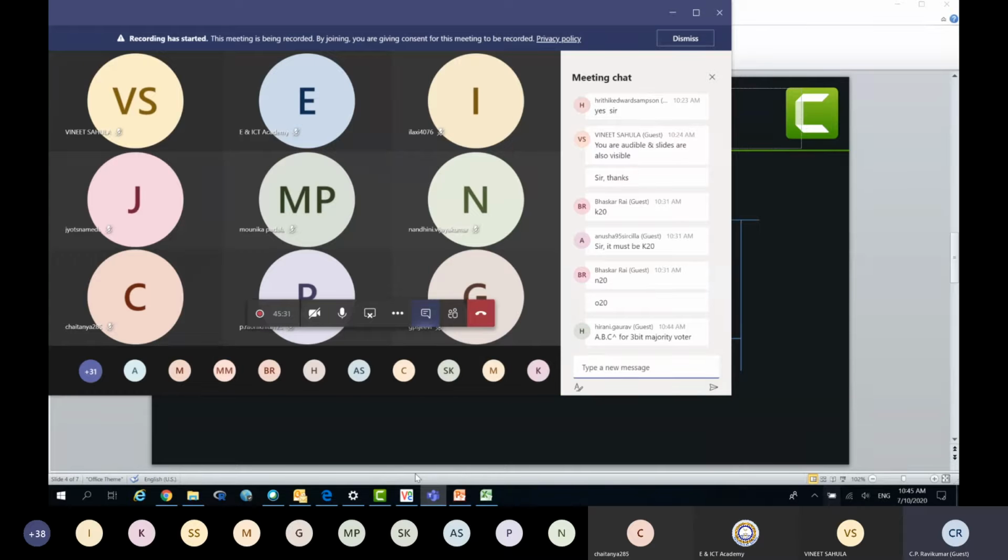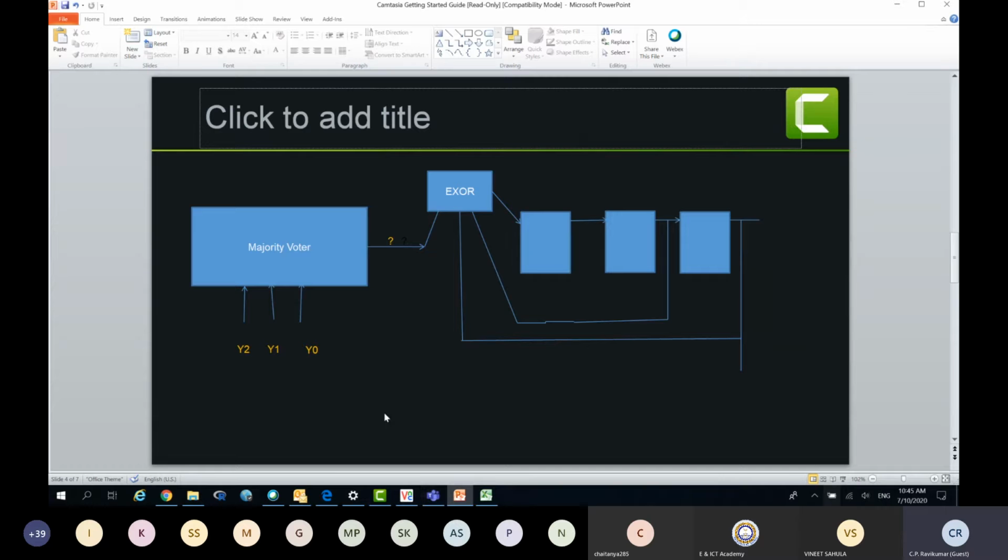A, B, C bar. No, that's not correct. You can use your truth table if you want.